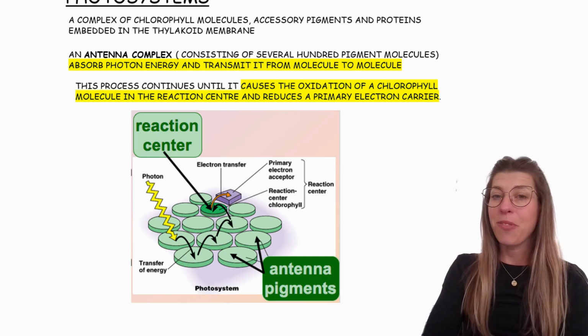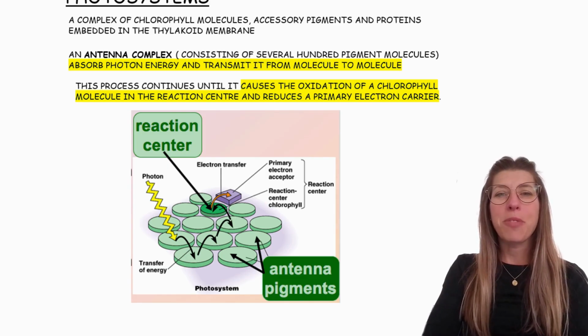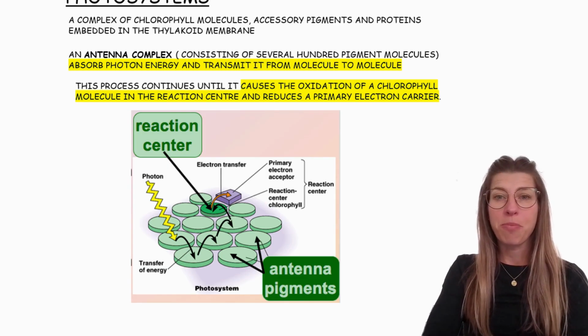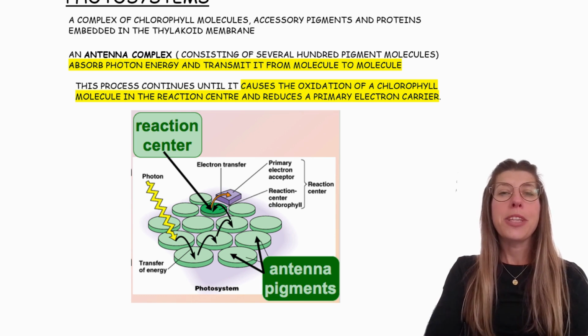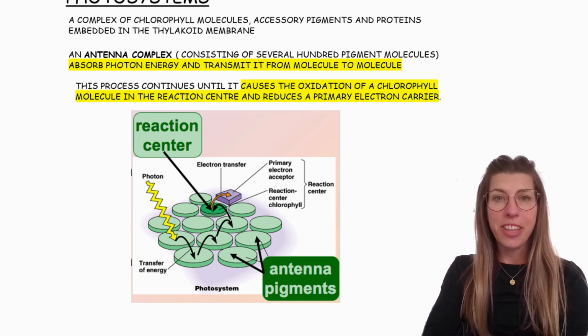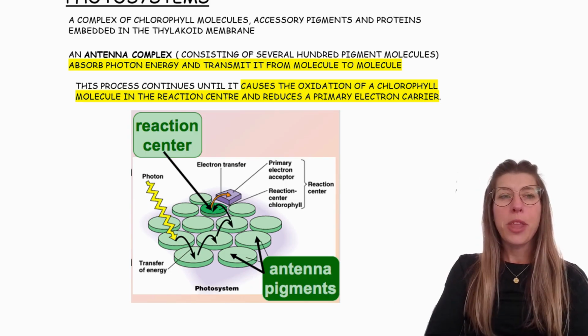This process continues until it causes the oxidation of chlorophyll molecule in the reaction center and reduces that primary electron carrier there. There's photoexcitation. The electron gets excited, bounces and bounces until it's finally accepted by the primary electron carrier there. And the primary electron carrier is part of the reaction center.